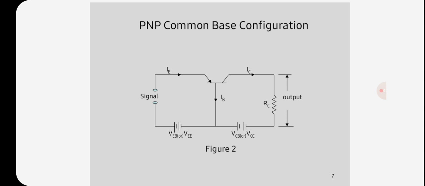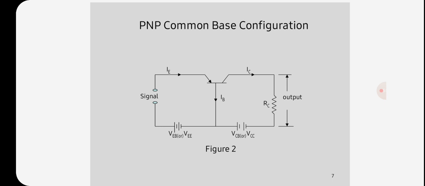Graphs may be plotted choosing two out of four variables as dependent variables and the other two as independent variables. In a transistor, it is most useful to select input current and output voltage as the independent variables. The output current and input voltage then form the dependent variables.